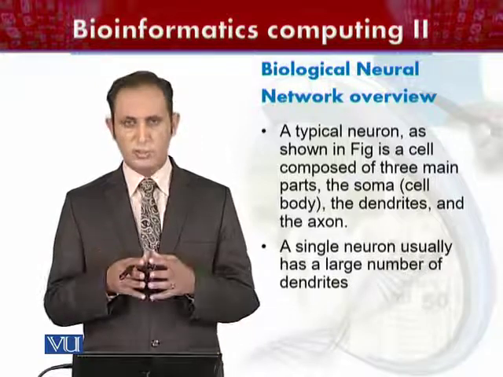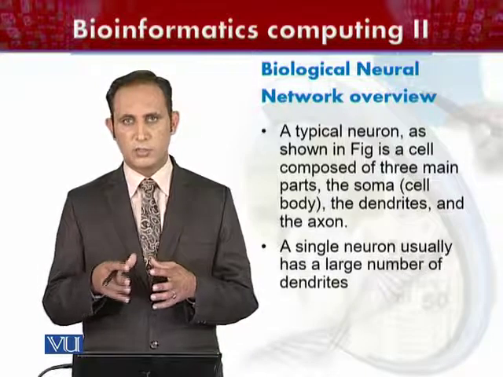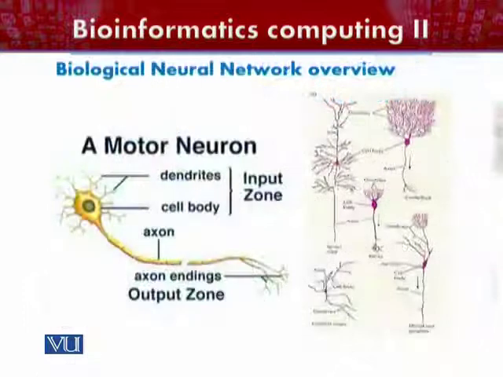A single neuron usually has a large number of dendrites, but usually a single axon. This is a diagrammatic representation of a motor neuron in the nervous system, which is used for transmitting impulses towards or away from the brain or the spinal cord.